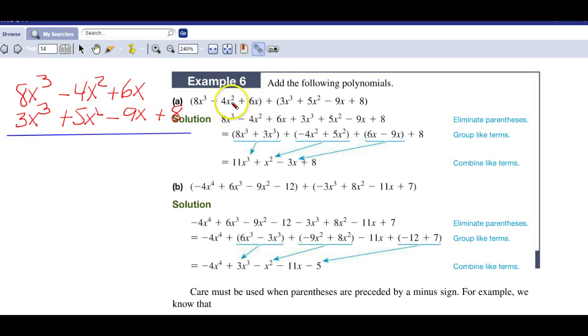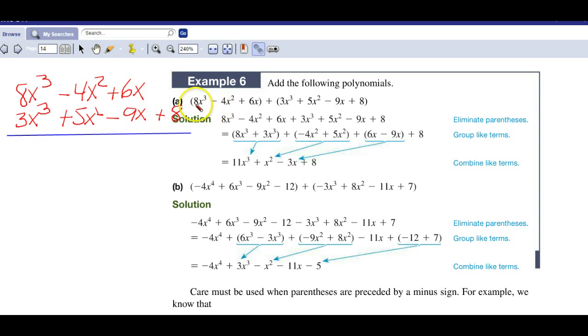You can do it the way they are describing it here, grouping the like terms horizontally. But I like this idea of lining them up into like term vertical columns.